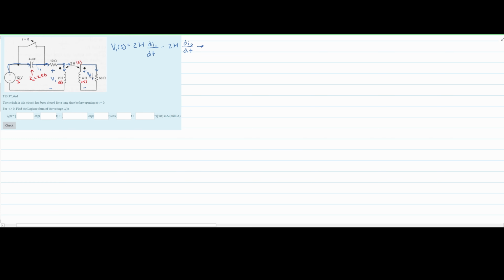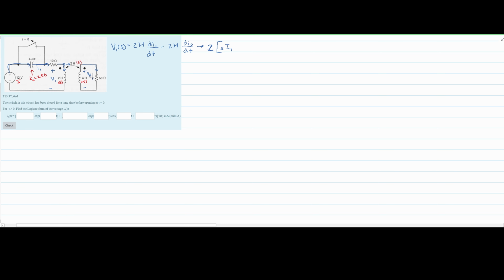So we can continue on with this, and for the 2H di/dt, we are going to have 2, and then inside of here, we are going to take the current time, so for t greater than or equal to 0, and subtract that from our initial time. So we are going to have s for the s domain times our I1, and this should also be a 2.